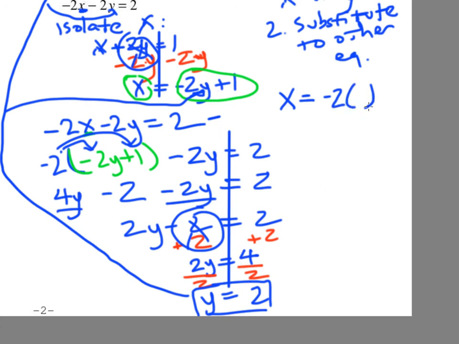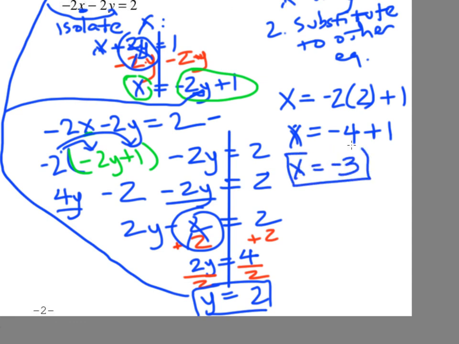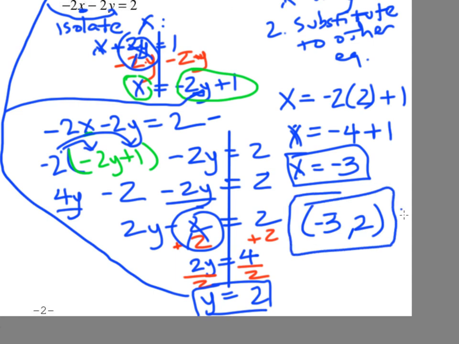We think y is 2, plus 1. So x equals negative 2 times 2, that's a negative 4, plus 1. What is negative 4 plus 1? x equals negative 3. So our solution is x is negative 3, y is 2. If you were to graph them, this is where they would cross.